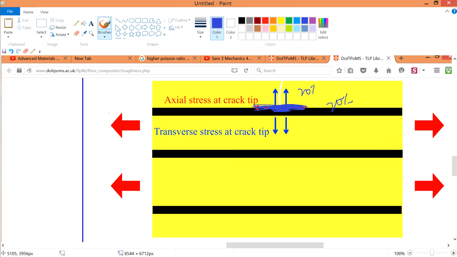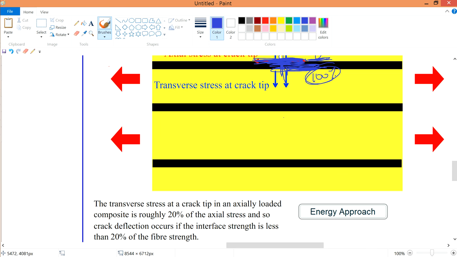If the fiber strength is, for example, 100%, and the bond is weaker than that by 20%, then it will start to propagate. You will also crack the fiber, I think. This is what it's trying to say.